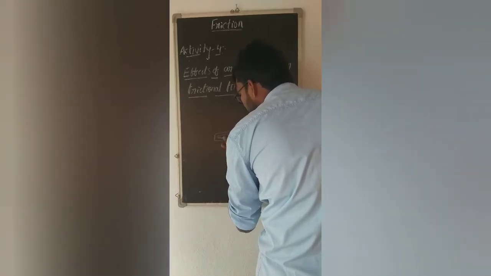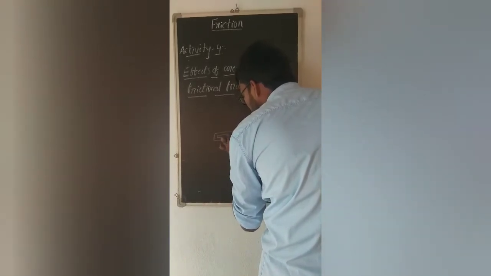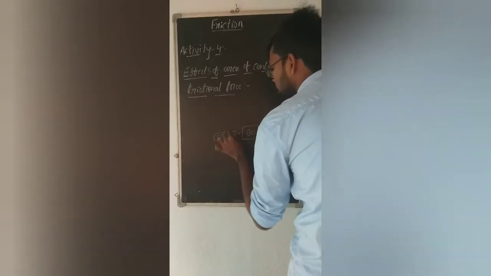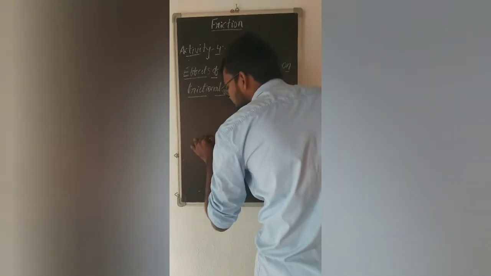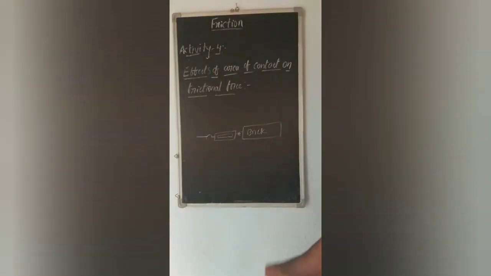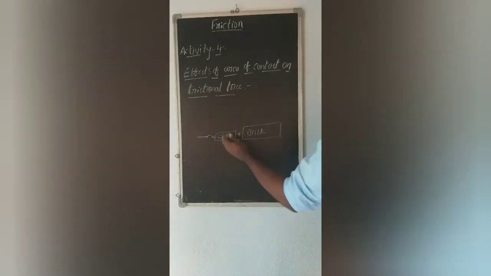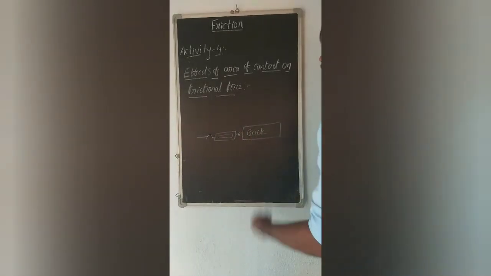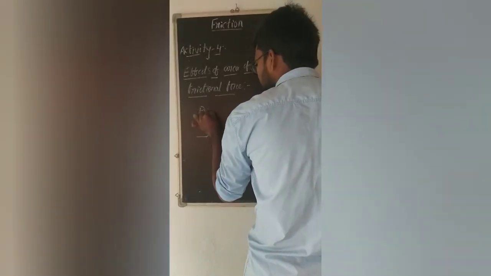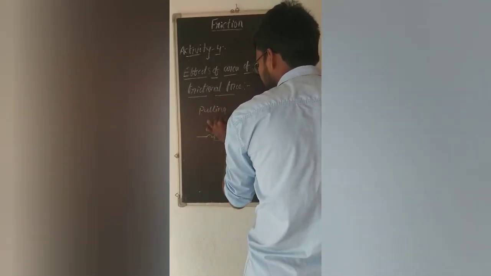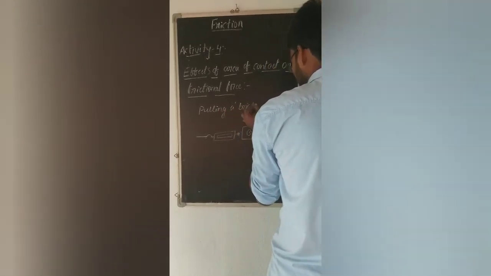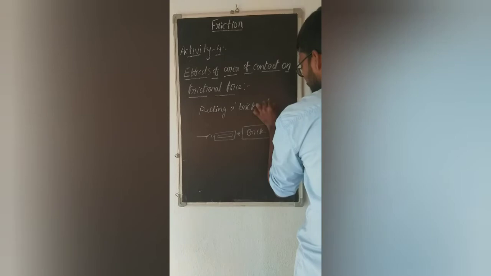Spring balance will be like this. Now try to drag the brick using the spring balance. What will happen? I am writing here: pulling a brick with a spring balance.